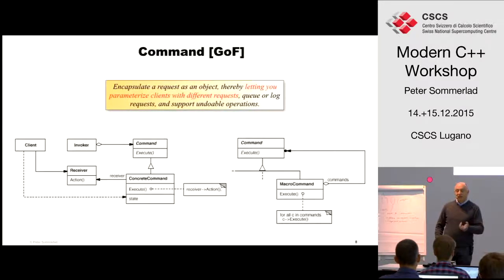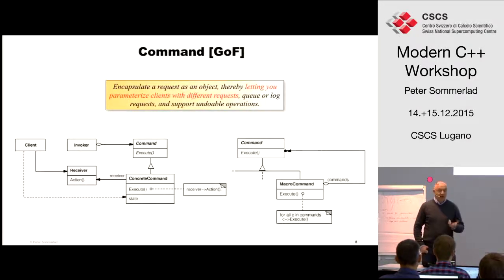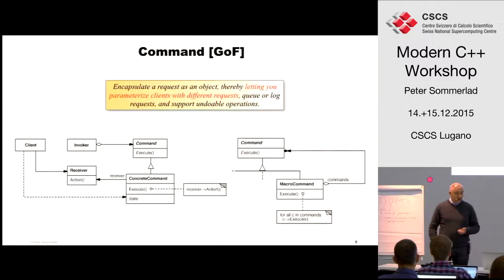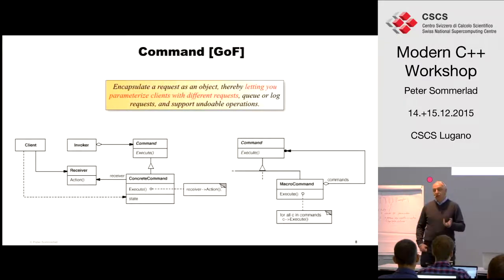You might execute it in a separate thread. You might log what you're doing, or even support undoable operations by attaching some previous state when you execute the actual request, and provide a mechanism to reestablish the previous state when you want to undo that operation.